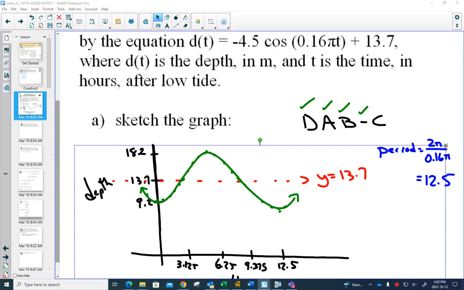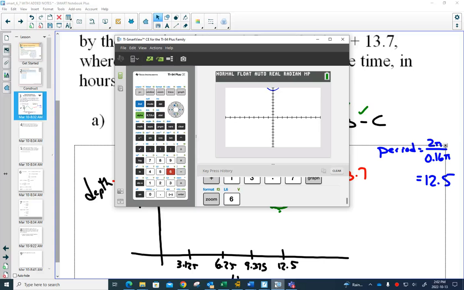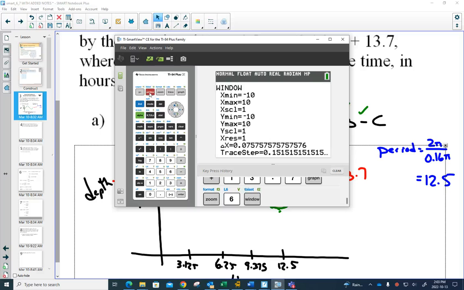So to see more on your graphing calculator, what you need to do is change the size of the window that you're looking at. Right now, I hit my window button. Right now, I'm looking from minus 10 to 10 on my X, and minus 10 to 10 on my Y. So what do I want to look at?